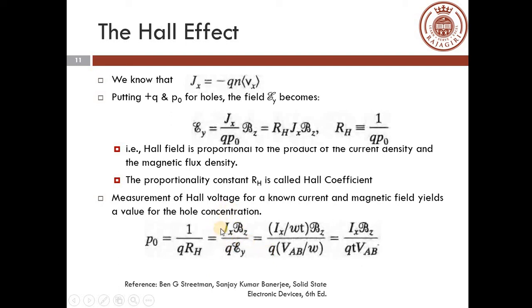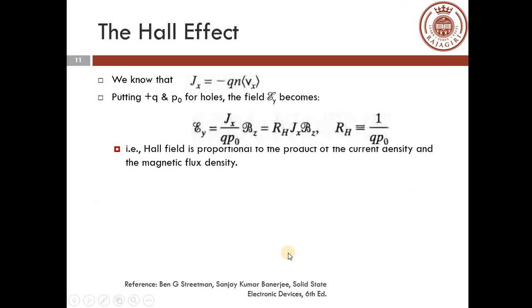What is Jx? Jx is the current density, that is current divided by area. From the semiconductor material, we know that the cross-sectional area is given by the width of the semiconductor material into its thickness. So Jx is given by Ix divided by Wt, and epsilon y is equal to the voltage divided by length.